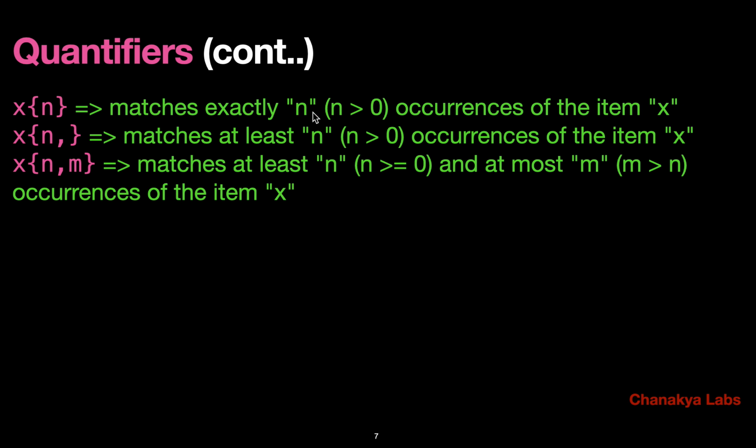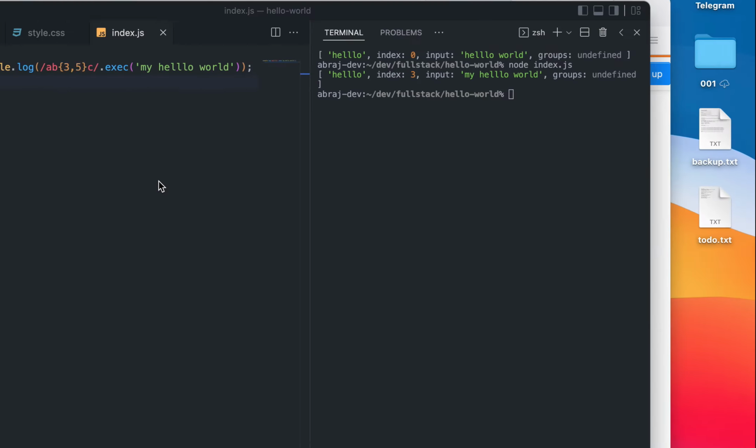And if it is something like n comma m, then it says it can be at least n, and if you put a higher number later, then it can go up to that number also, right?